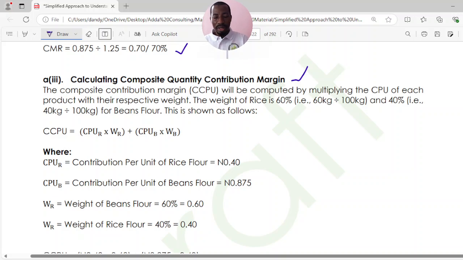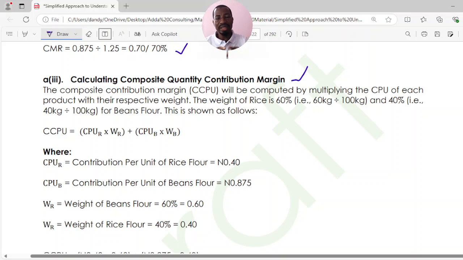And of course, whenever you are given the proportion of each product under multi-product break-even, it means that you have to calculate contribution margin ratio. It has to be weighted average contribution margin ratio, or what is also known as composite contribution margin ratio.